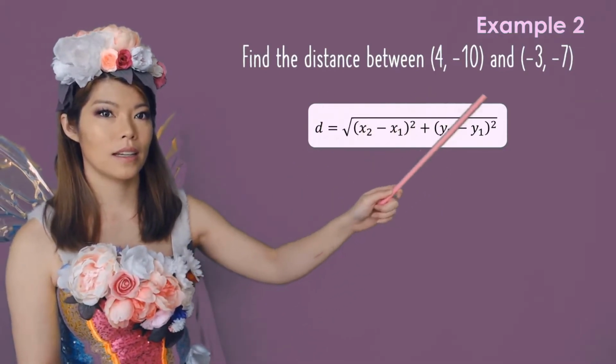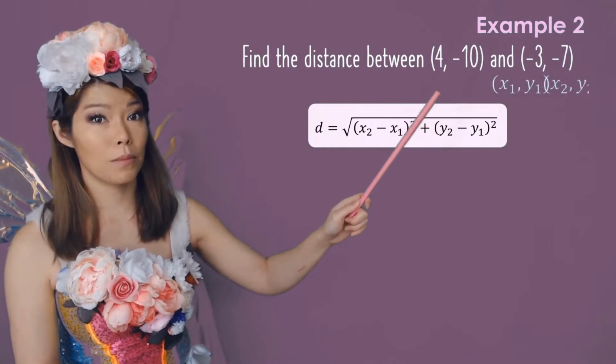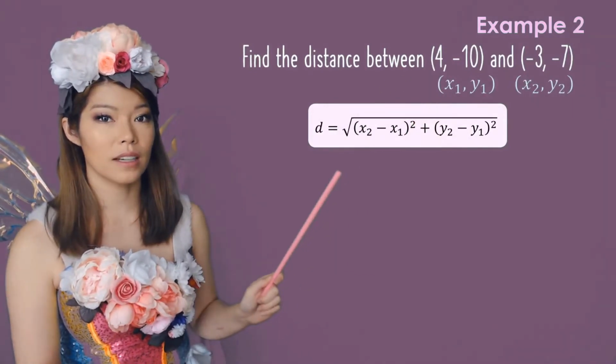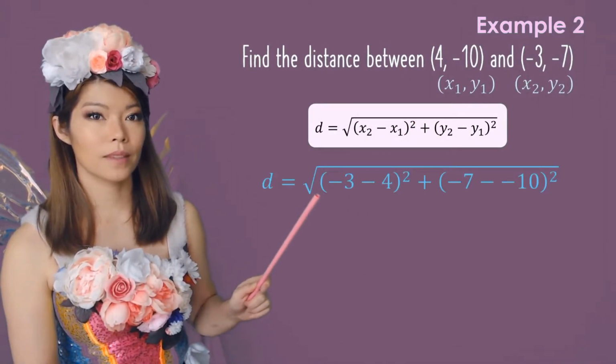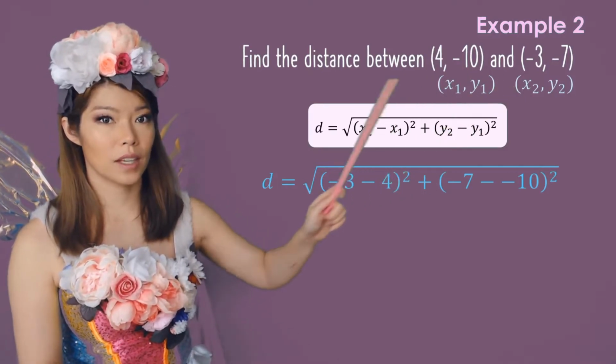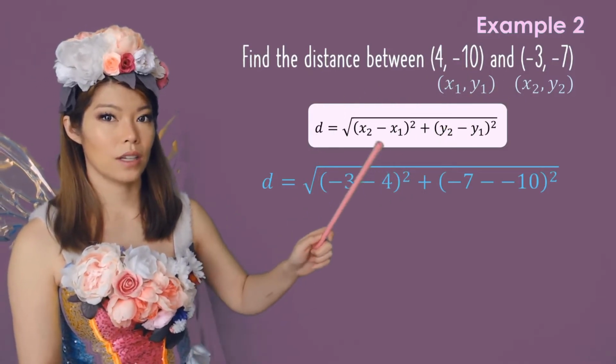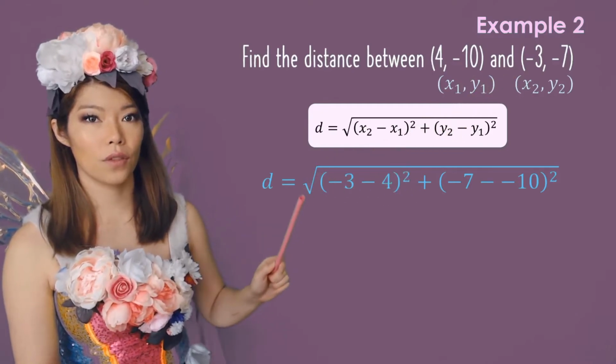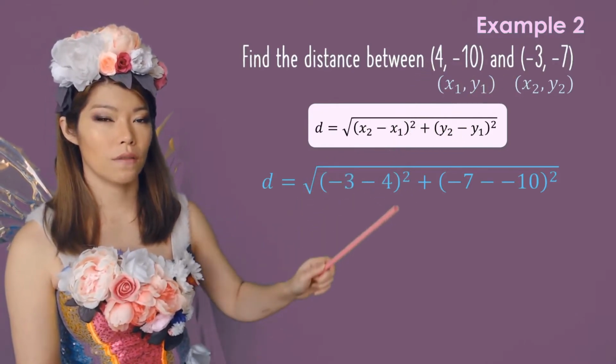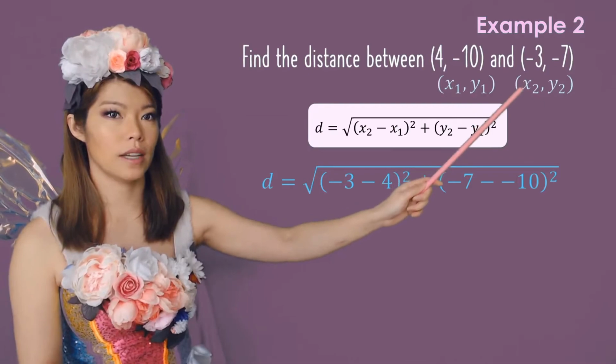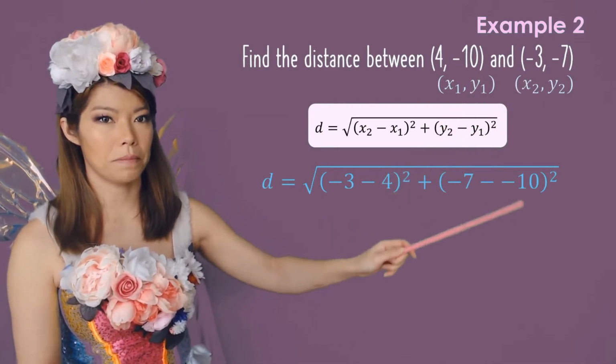So plug in all those numbers, maybe label them first so that you don't get confused. Notice the negatives in this question. So here we have x2 is -3, x1 is 4, y2 is -7, y1 is -10.